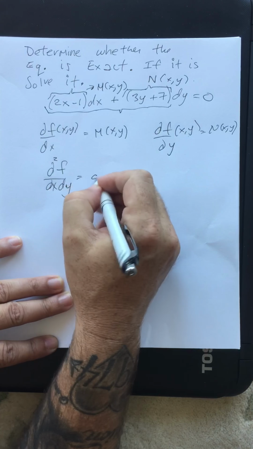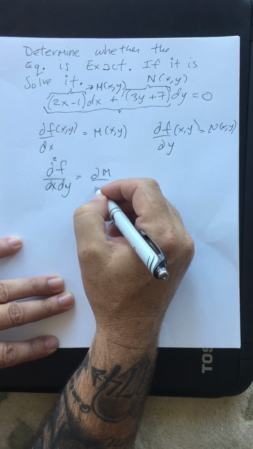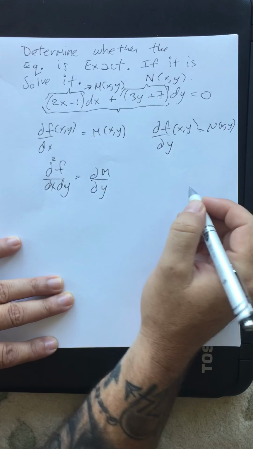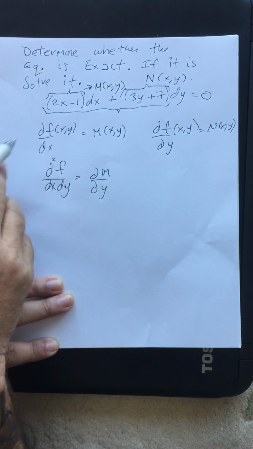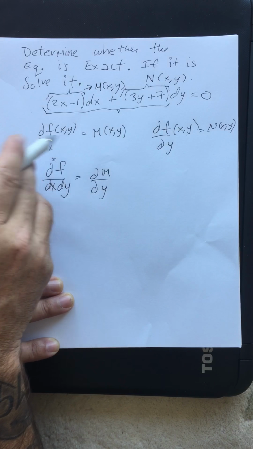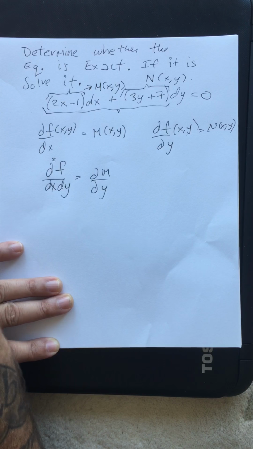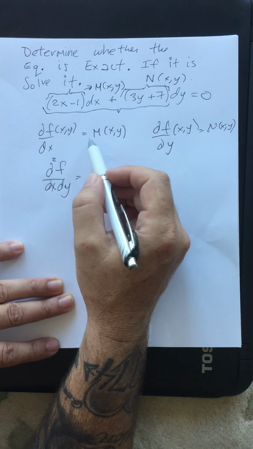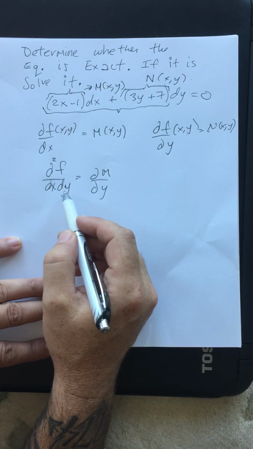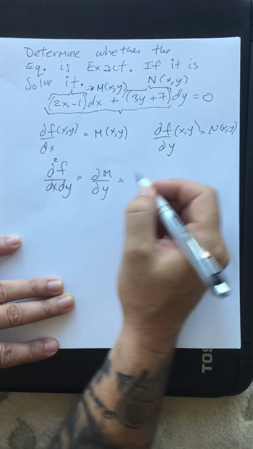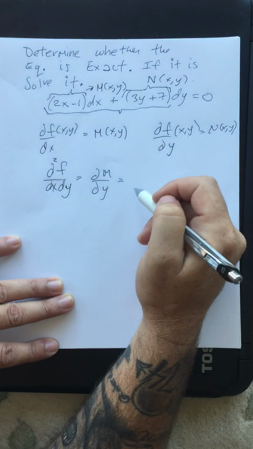In other words, you could say the derivative of M with respect to y, because M is already the partial derivative of f(x,y) with respect to x. So basically, if we take the double derivative, let's figure out what that is.